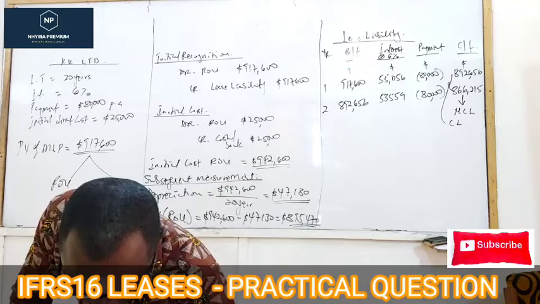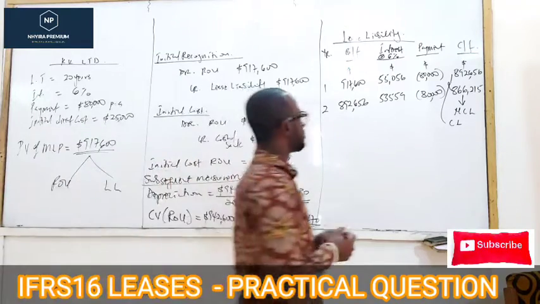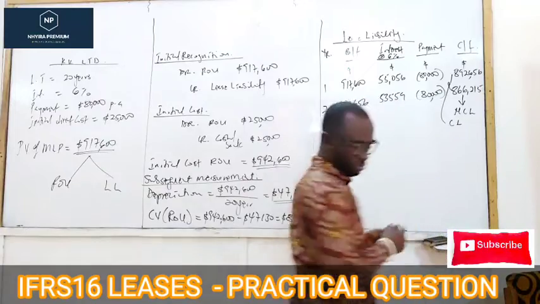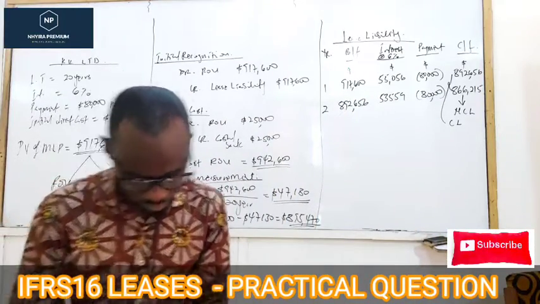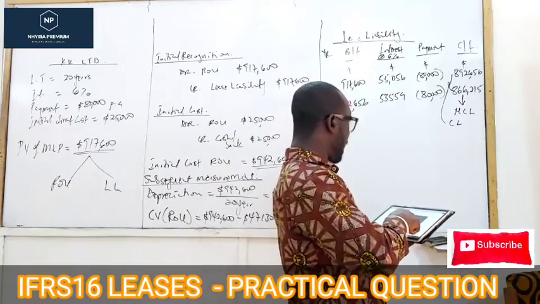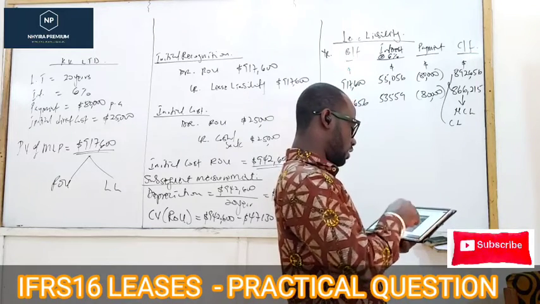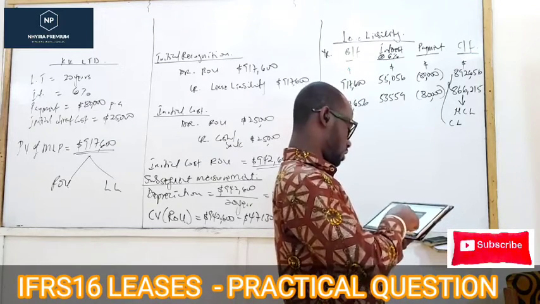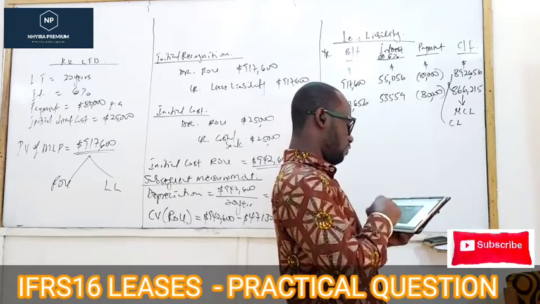So if we do the arithmetic, the difference between that is going to give us an amount of 53,559. So let's see the arithmetic. 892,656 minus 866,215.